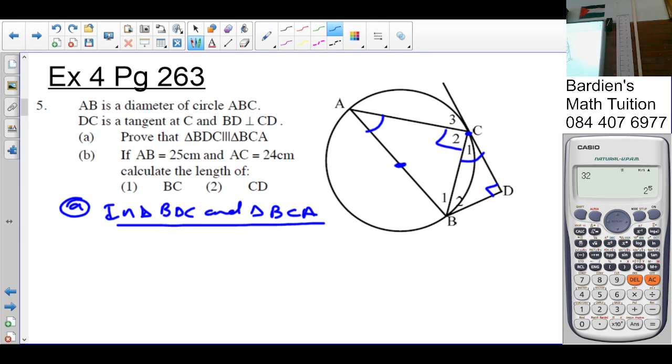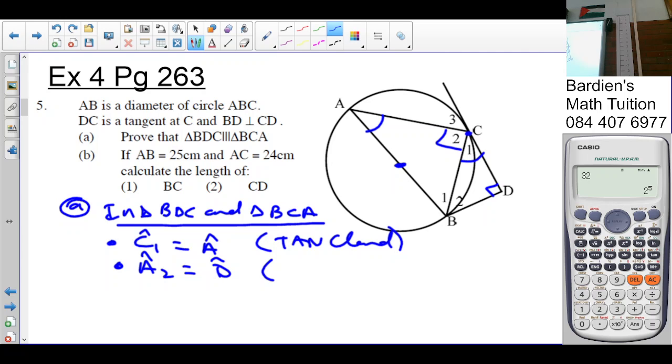We're going to say that angle C1 is equal to angle A. Why? Tan-chord theorem. Not so. We're going to say that C2 is equal to angle D. Why? Wait.